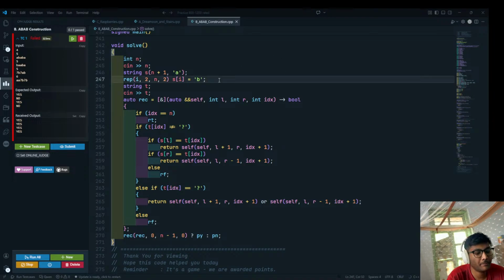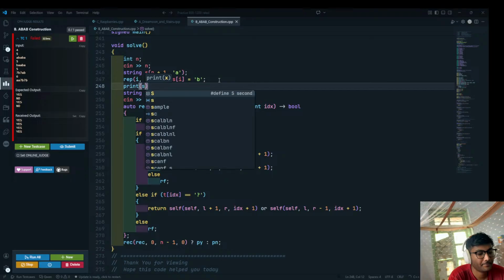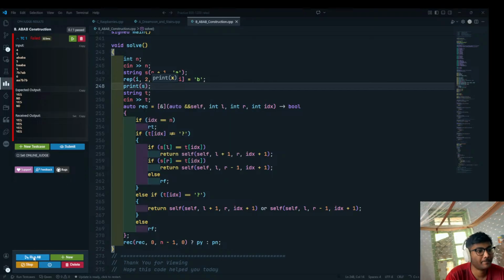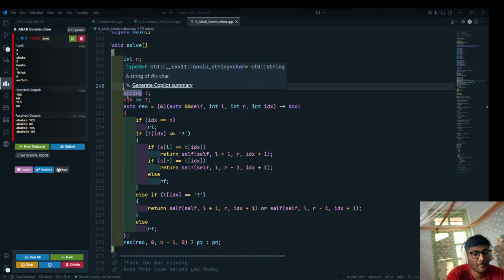Let's try to print. Okay, so this is passing.